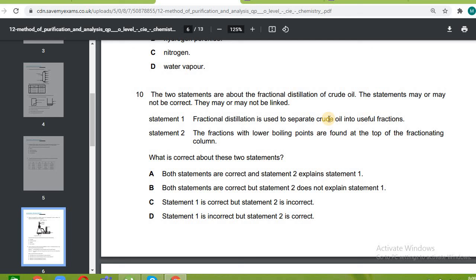So Bravo is the correct answer: both statements are correct, but statement 2 doesn't explain statement 1.